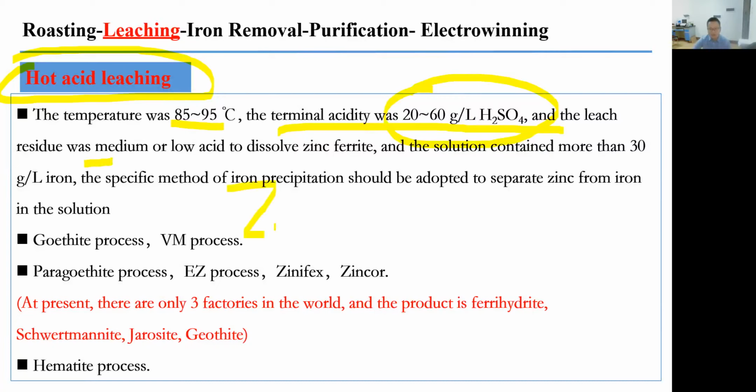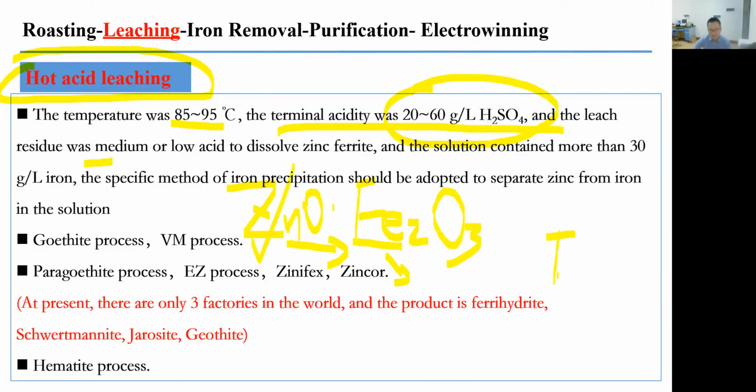But as you have realized, the chemical formula of zinc ferrite is ZnO·Fe2O3. So if we have leached this zinc out and it goes to the solution phase, so does iron oxide.